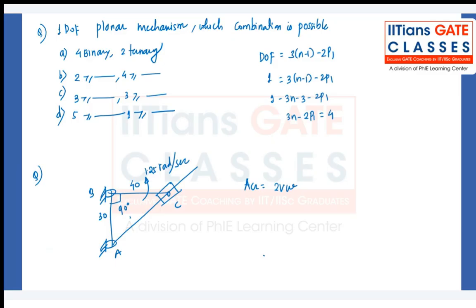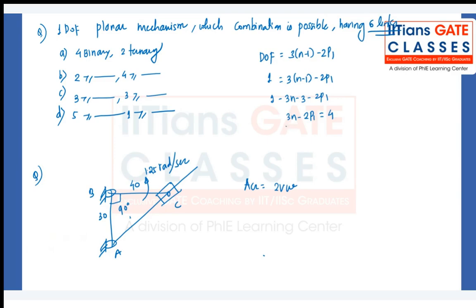I think I forgot one thing here: for a 1 degree of freedom mechanism having 6 links, n is equal to 6.